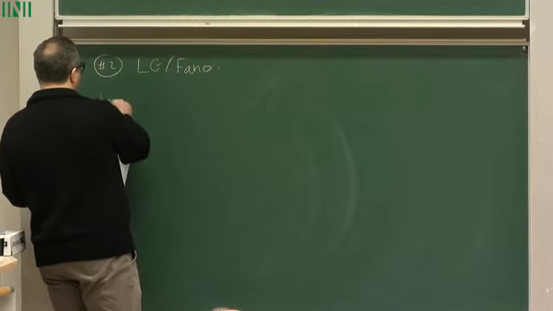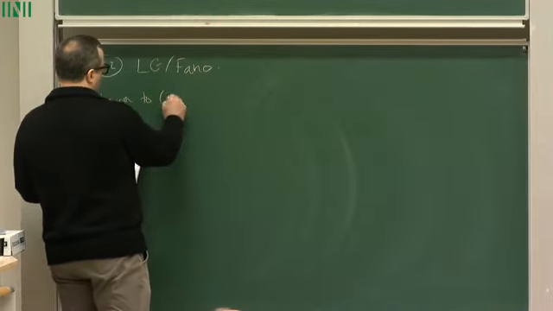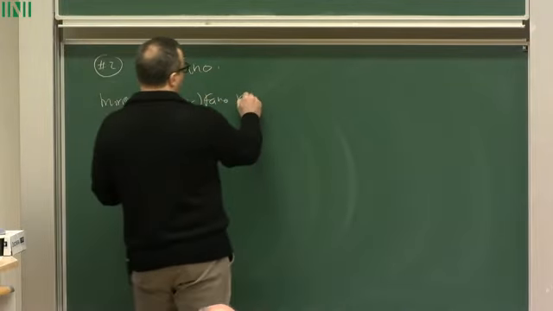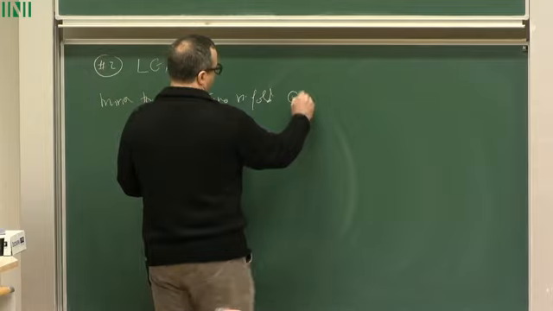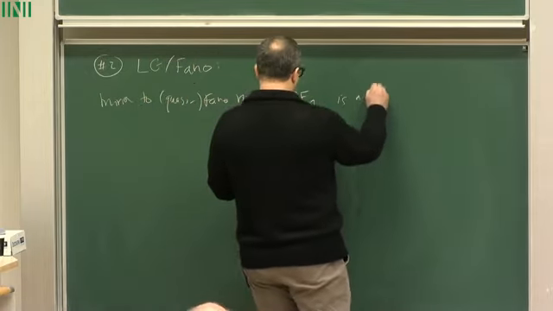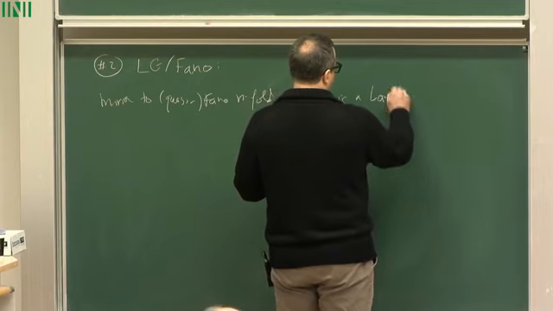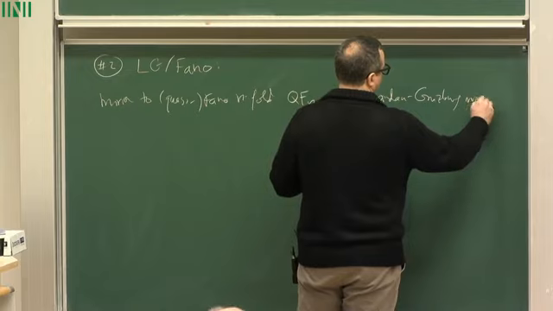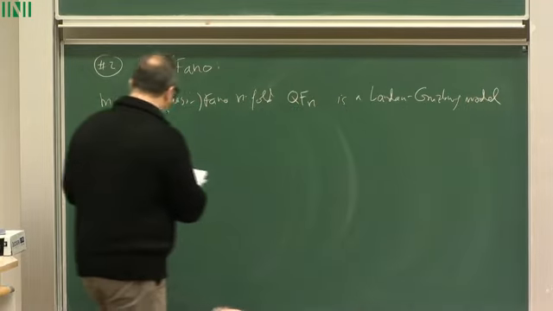The mirror to a quasi-Fano n-fold, QFN, let's call it, is a Landau-Ginzburg model. So I have to define both of those.